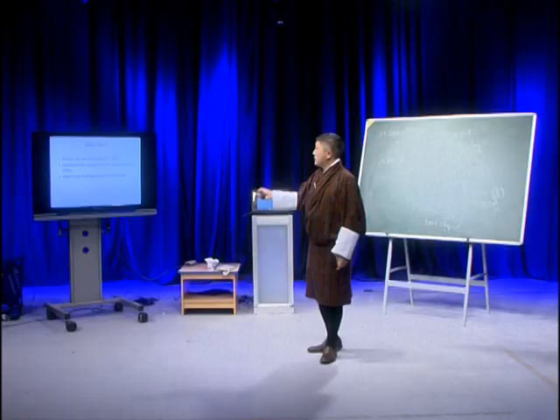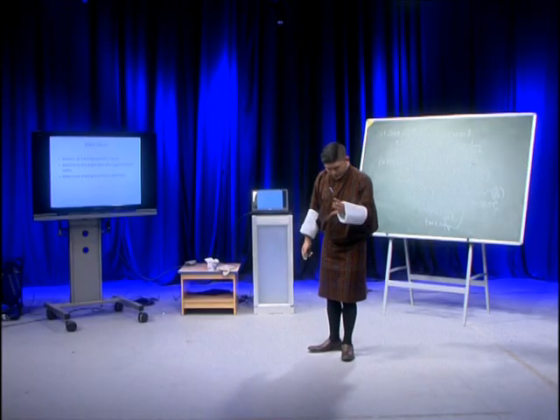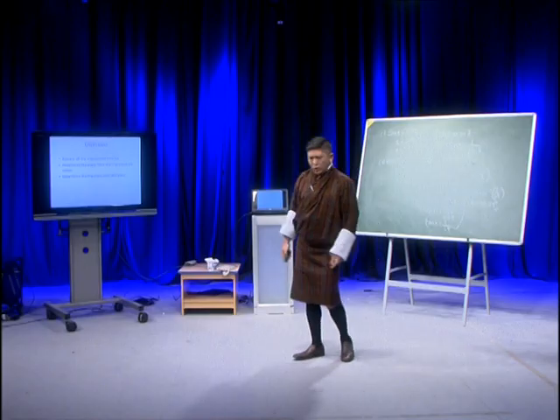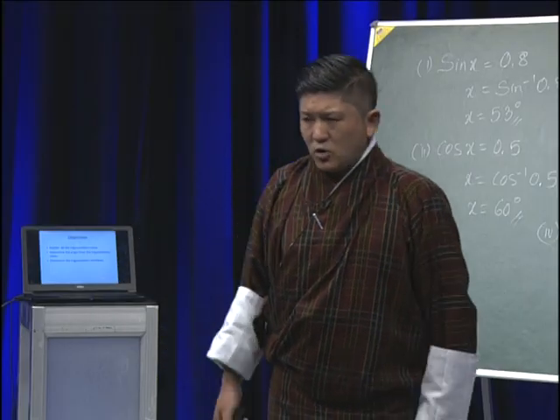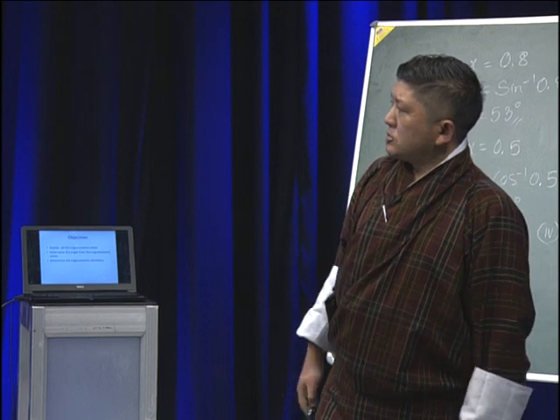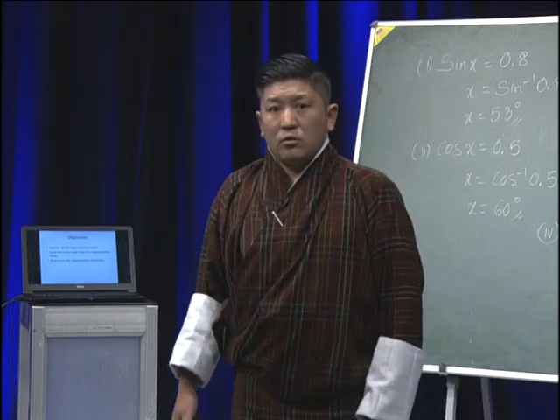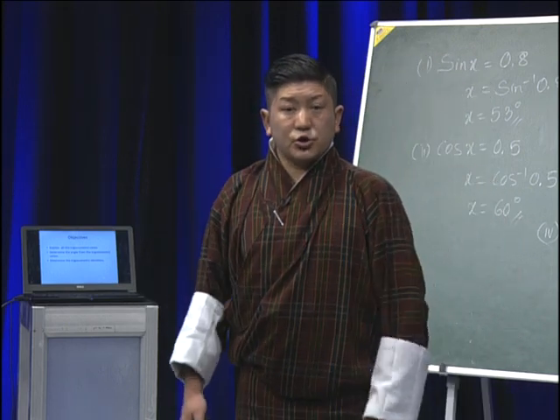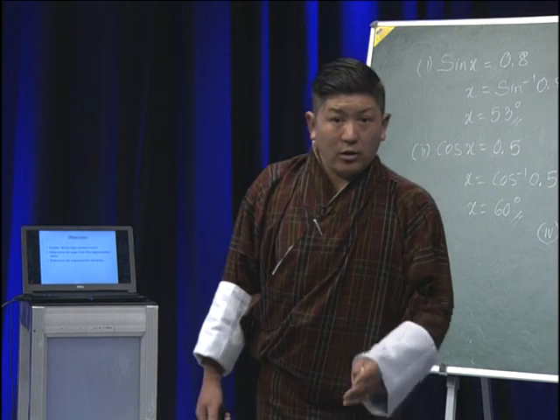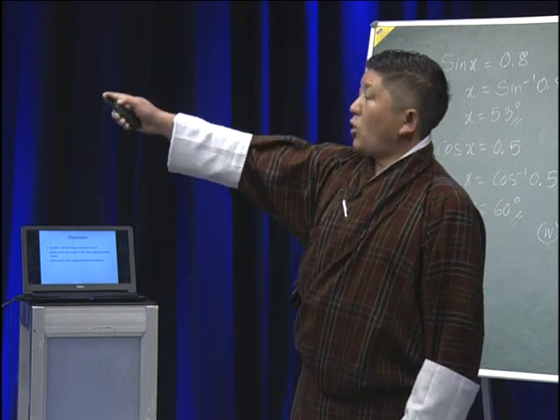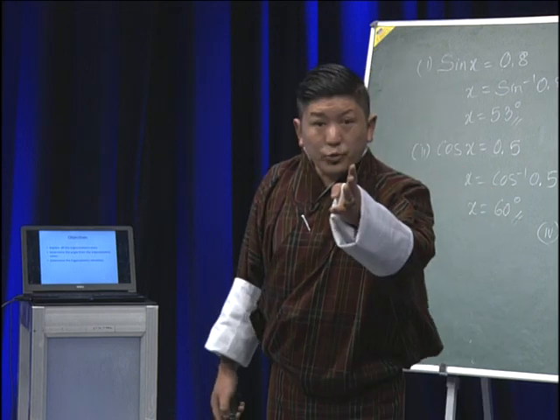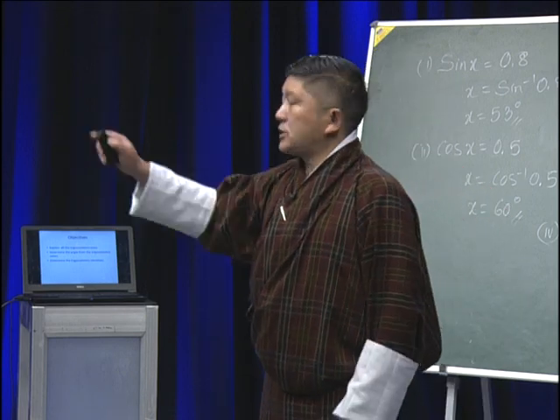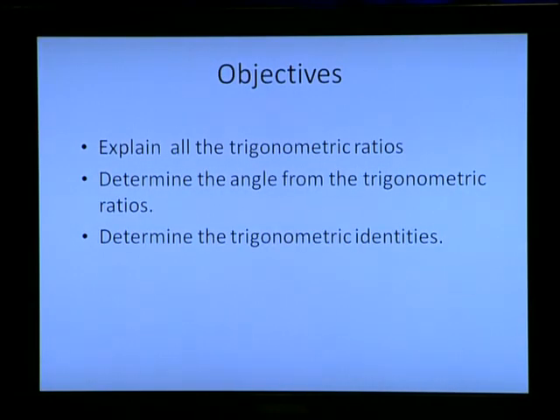Now, let's try to recapitulate what you have learned today. It's about trigonometry ratios. By now, I feel that my objectives are being fulfilled, as you would be able to explain all the trigonometry ratios, that is, the 6 trigonometry ratios.